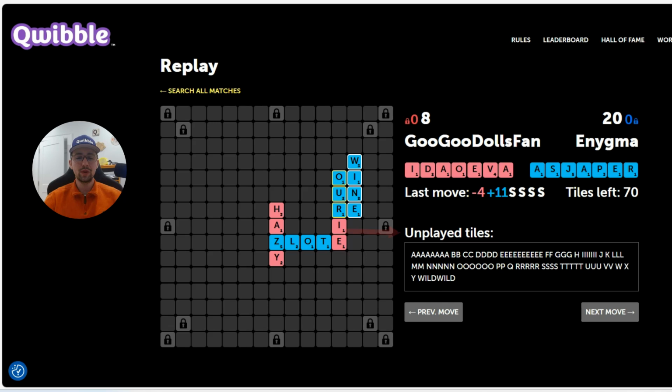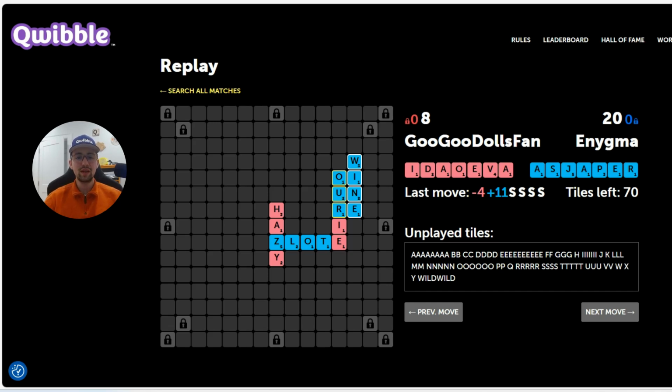My first thought was to play idea from the I in Uri, hooking wind, and idea would actually cover the center right lock square, so I would lock in all of my letters in idea and they would become unstealable. However, while I would flip all of the letters in wine to red, the W, I, N, and E would not be locked as that word itself doesn't cover the lock square. So if Carl had a T for twined or another D for dwined, he could steal those right back.